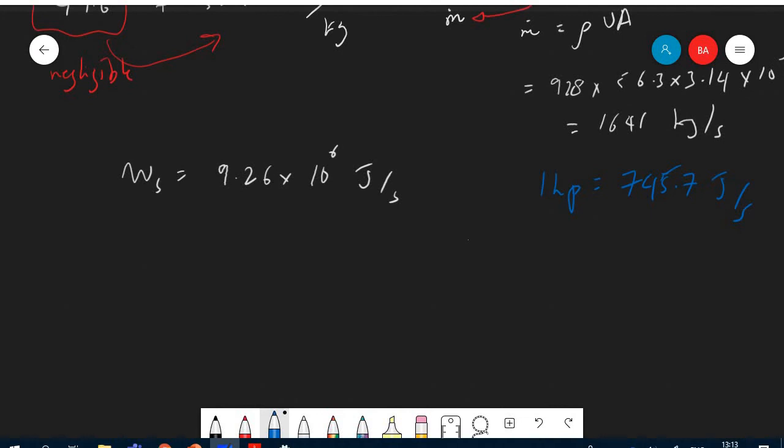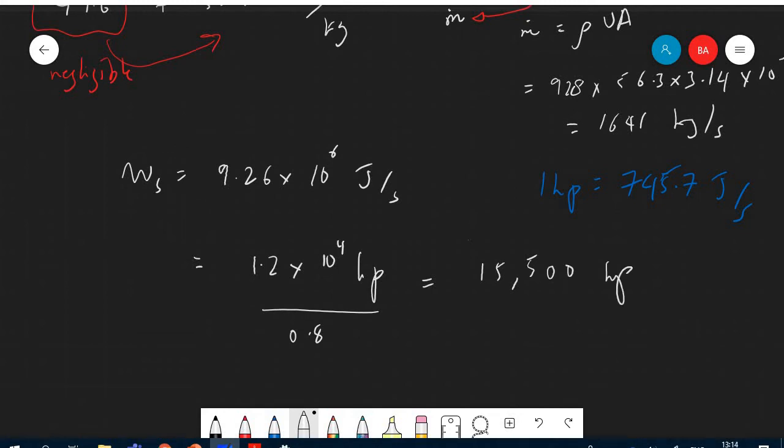So to do this conversion, the answer is going to be about 1.2 into 10 to the power 4 horsepower. And considering that it is 80% efficiency, that means I need a stronger pump, and that will be about 15,500 horsepower.